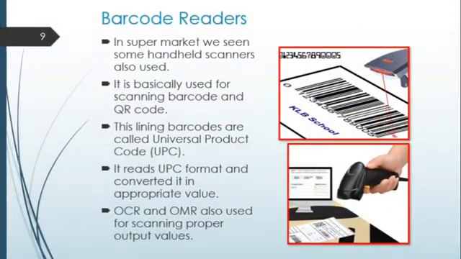Now barcode readers. In supermarkets we have seen handheld scanners used. Basically, they shine optical light on a lined image, which is called a barcode. It is used for scanning barcodes and QR codes.